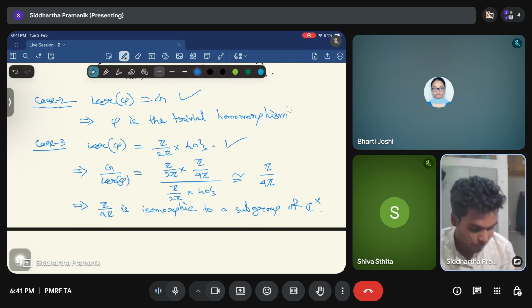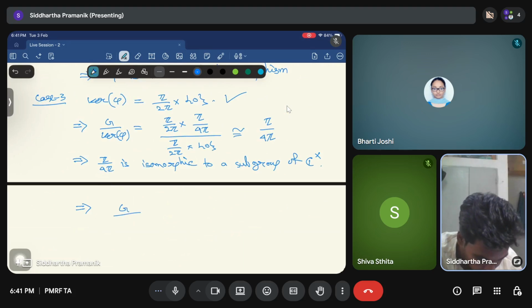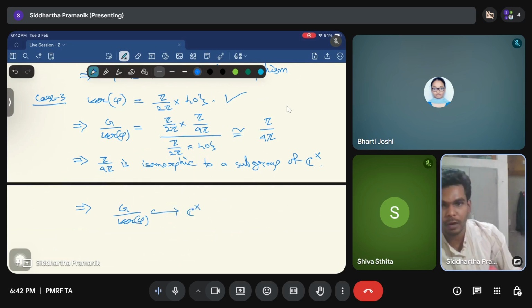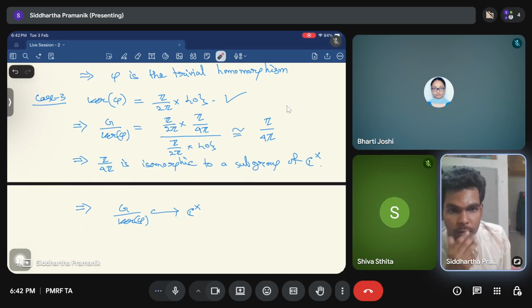But now, in this case, how many homomorphisms will we get? Can you count the number of injective homomorphisms from this to C cross?